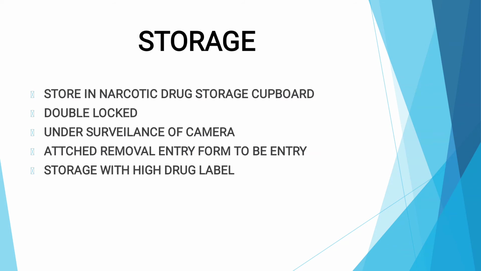So let's narrate again. How do we store? Store in the narcotic drug storage cupboard, double locked, under surveillance of camera, attach removal entry form to be entered, with high drug label on the container.